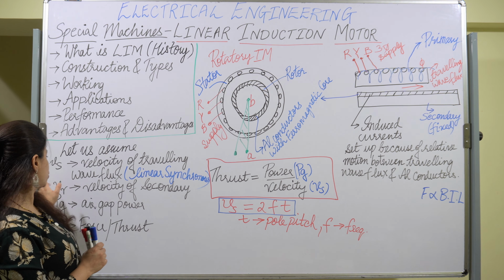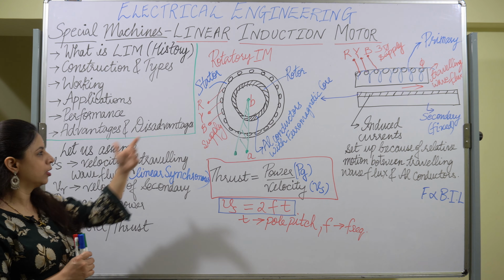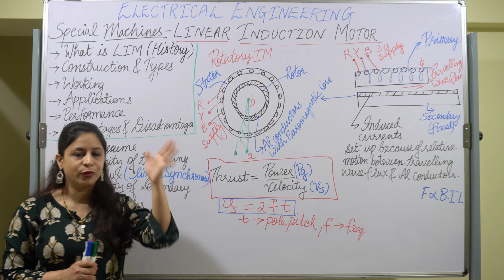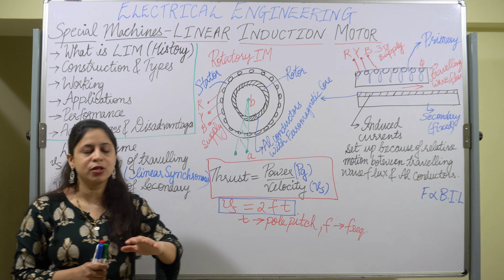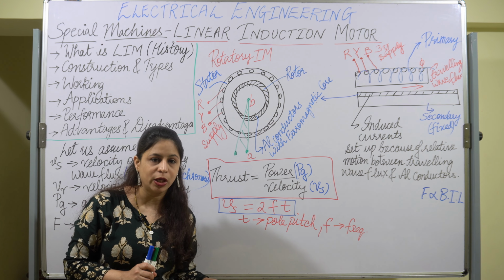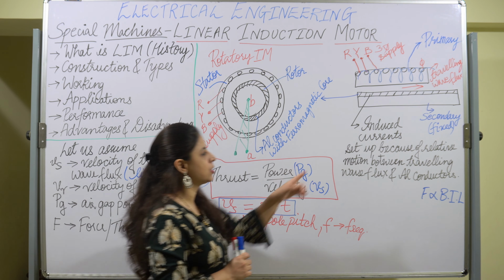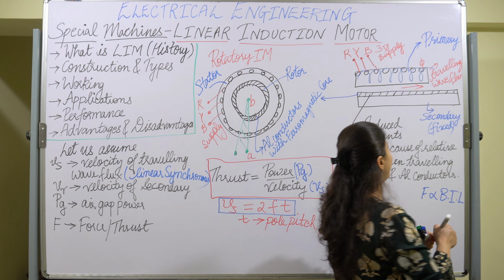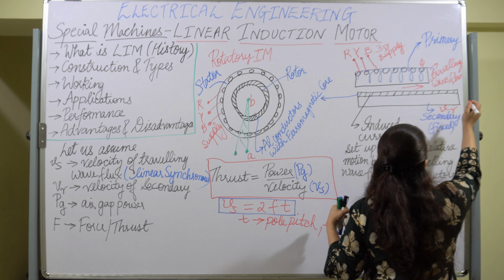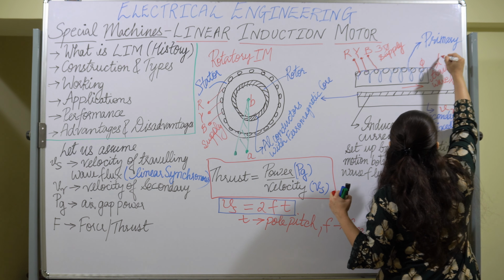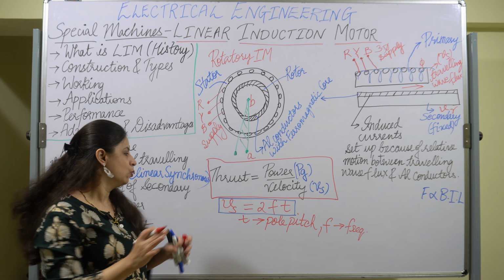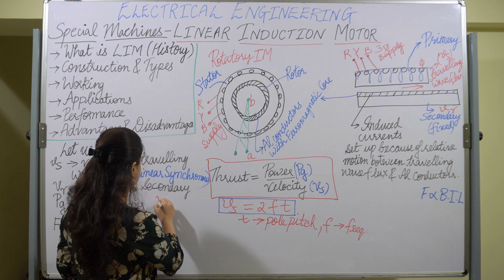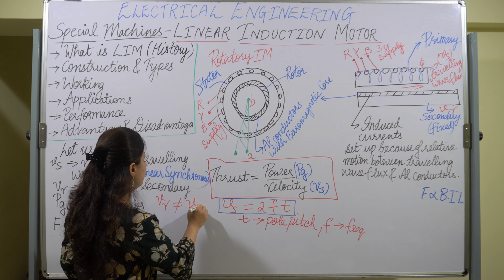In the three-phase rotatory induction motor also, it was always trying to catch the synchronous speed, but it was never equal. Similarly over here, the velocity of the secondary is given by Vr, and the velocity of the traveling wave flux is given by Vs. So Vr will never be equal to Vs.